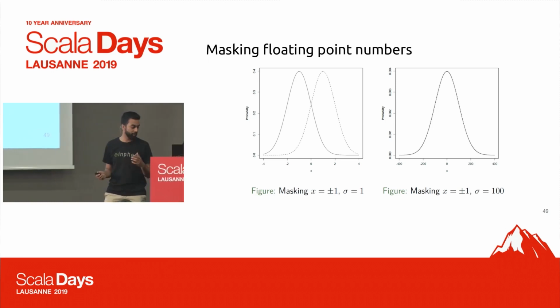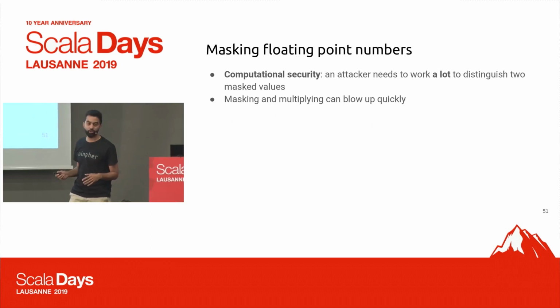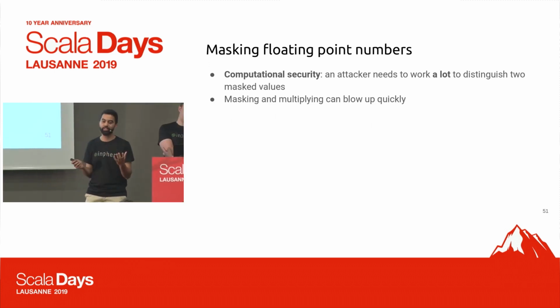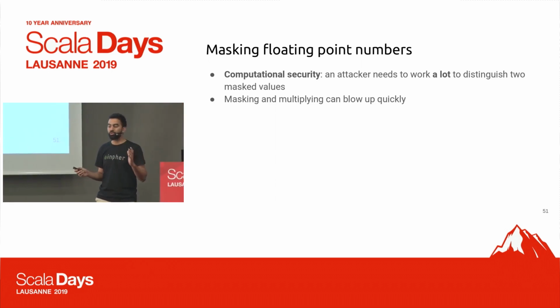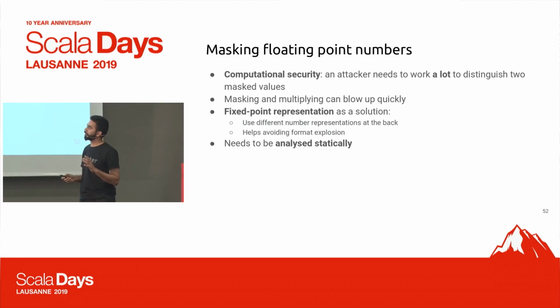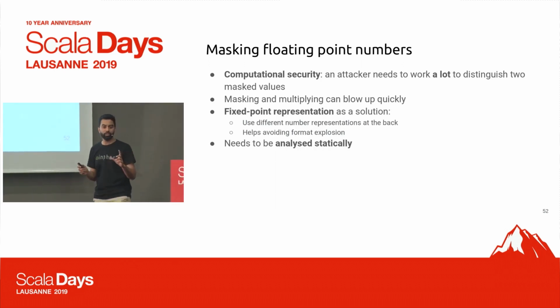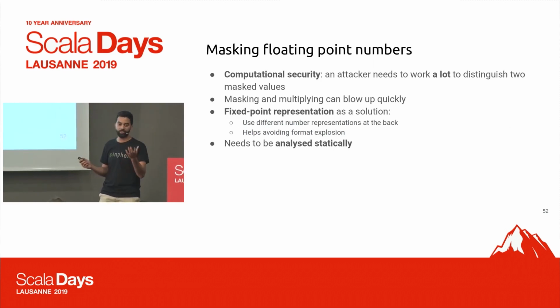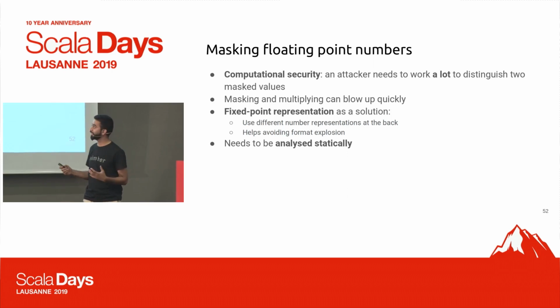So those are the kind of things that we basically need to analyze and estimate on the compiler side, such that we can ensure that we don't blow up. What we do is we don't really use a floating point representation. We use something that's called a fixed point representation to represent floating points in our backend.